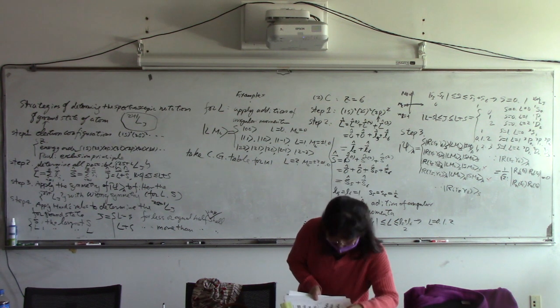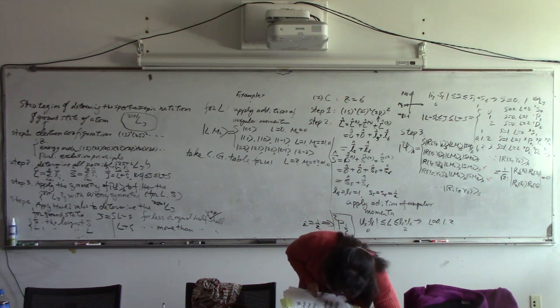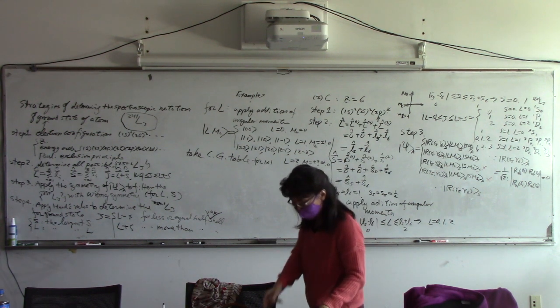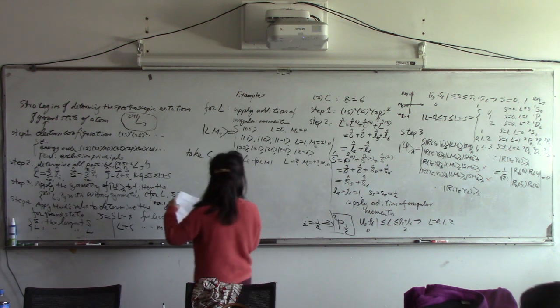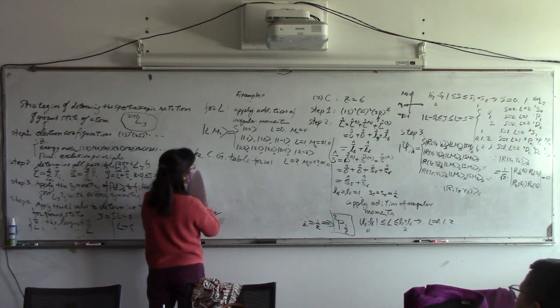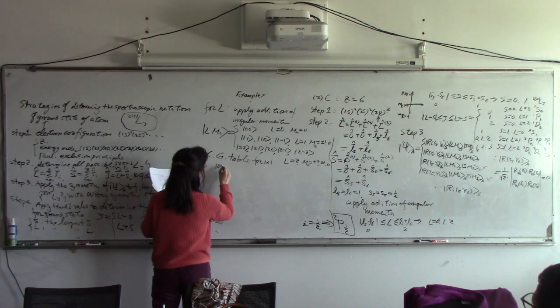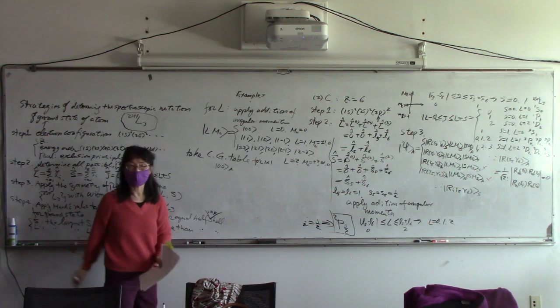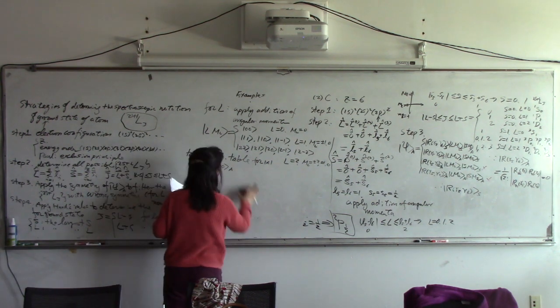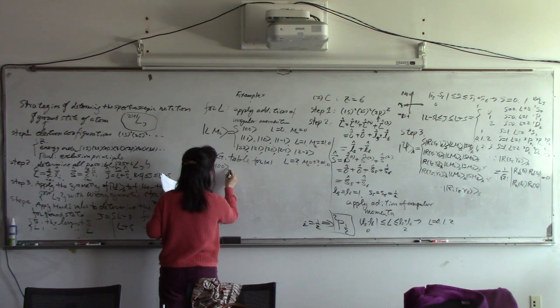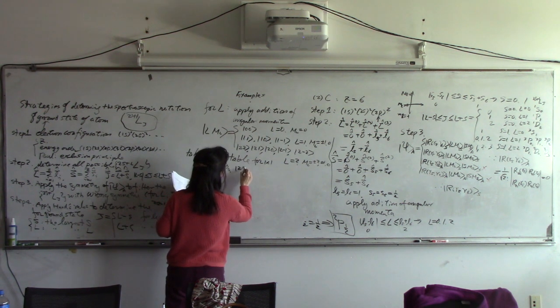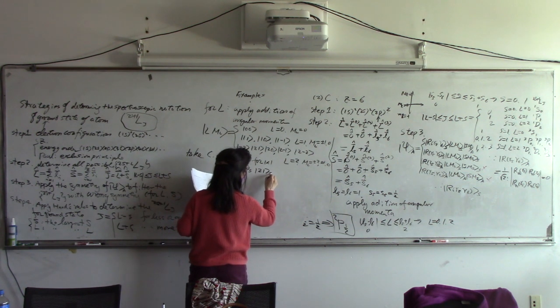So 1 by 1 is here. Yeah, this one. So you can check yourself. I just want to save time. From this table we will find out the symmetric ones. This one is symmetric, and those are symmetric. Well, L equal to 0 and L equal to 2 are symmetric.